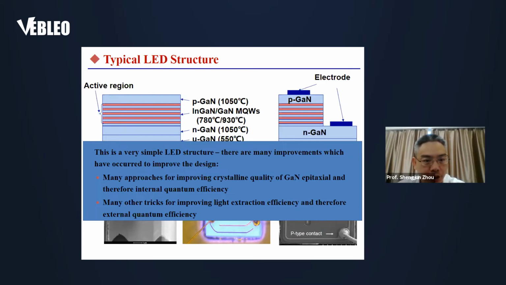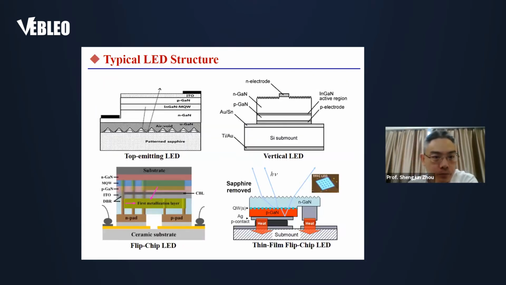Many approaches aim at improving crystalline quality of gallium nitride epitaxial layers and therefore internal quantum efficiency. Many other tricks improve light extraction efficiency and therefore external quantum efficiency. The typical LED structure includes top-emitting LED, vertical LED, and flip chip LED.